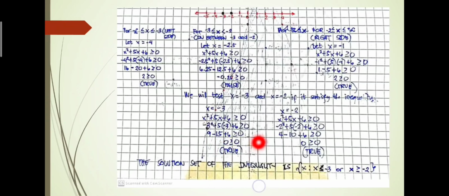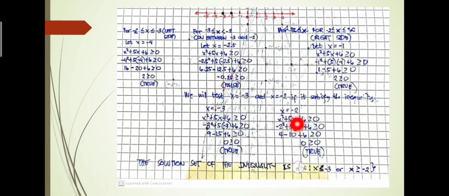So, that is true. True siya, diba? Kasi ang nakalagay dito na inequality sign, greater than or equal to. So, pasok siya sa equal to. So, that is true. Then, x is equal to negative 2. Then, substitute lang negative 2 sa x. So, negative 2 squared plus 5 times negative 2 plus 6 is greater than or equal to 0.